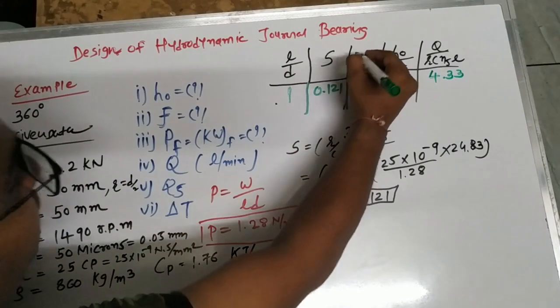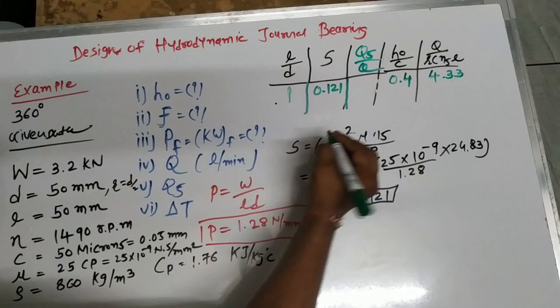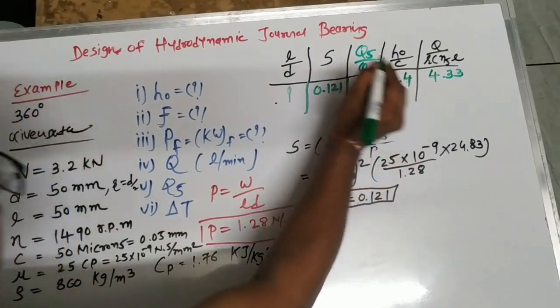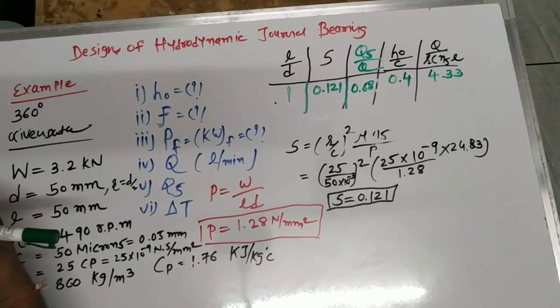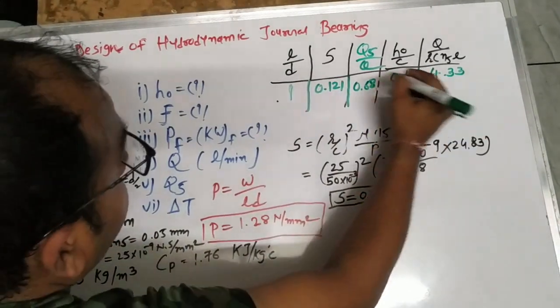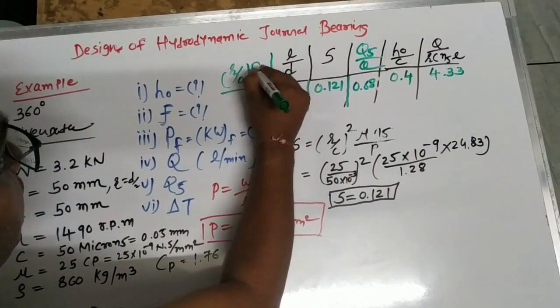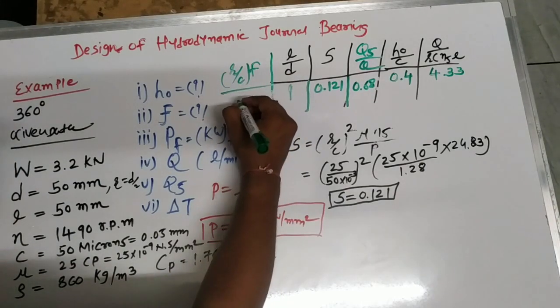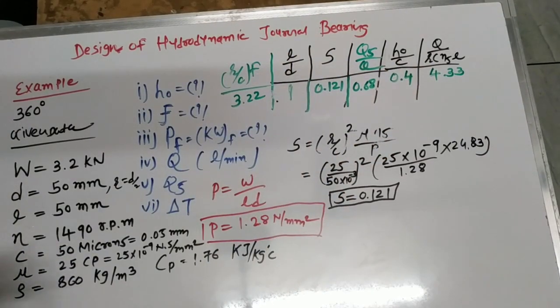The side leakage dimensionless parameter is QS by Q, that we can also find from the data book, that is 0.68, right? And one more parameter, for the coefficient of friction, that is R by C into F, that is equal to 3.22, right? So all this data we can get from the design data book as I have shown here. So let us try to calculate the remaining parameters that the question asks in the example.